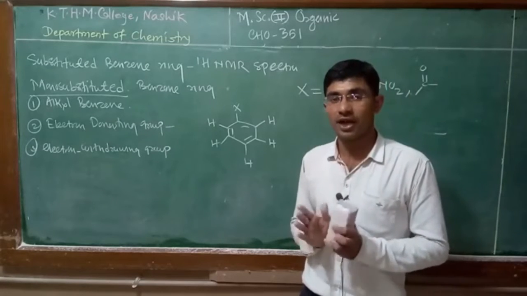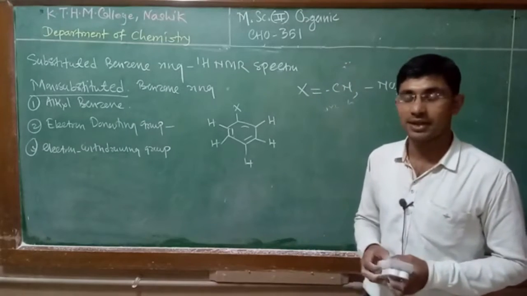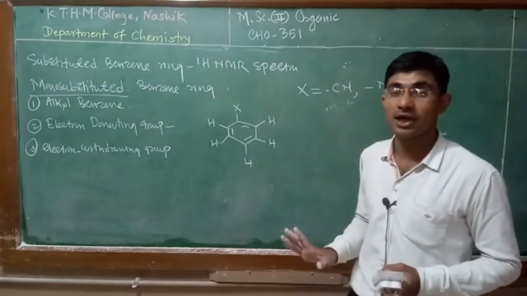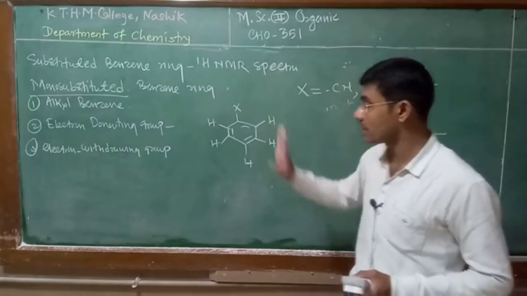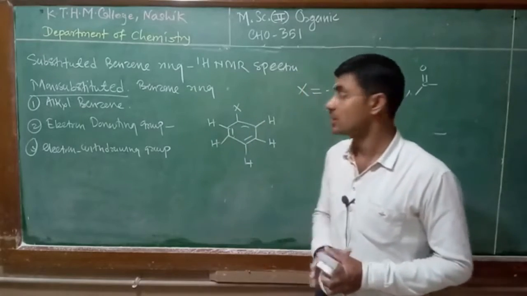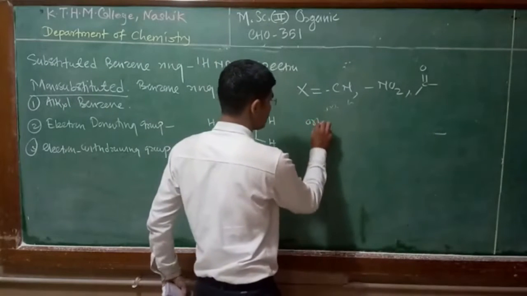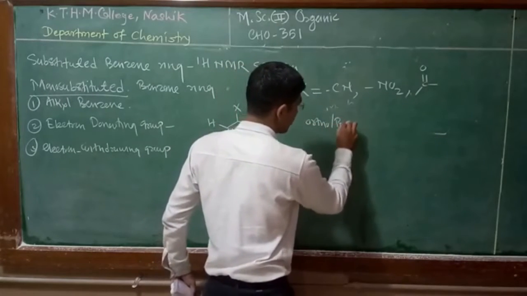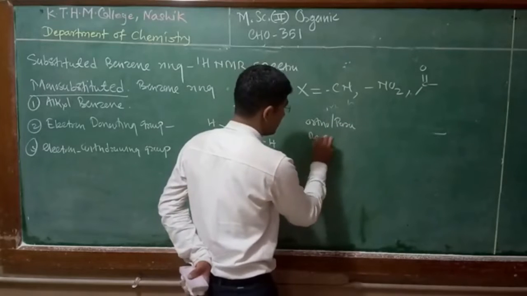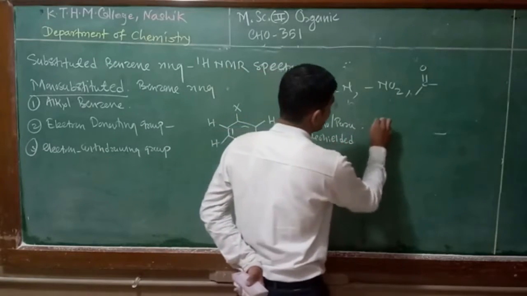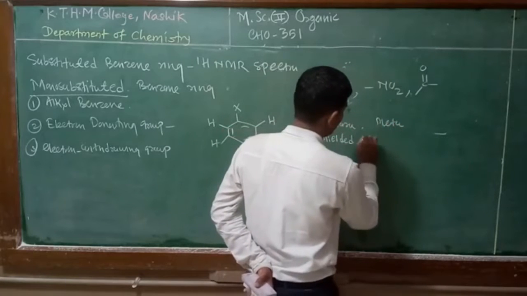Because of the minus R effect, if you draw the resonance structure, the ortho and para protons particularly are de-shielded, meaning electron density decreases here. If you write the resonance structure for the electron withdrawing group, the ortho and para protons are de-shielded, while the meta protons are shielded here.